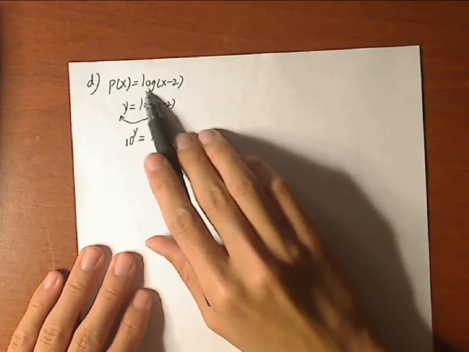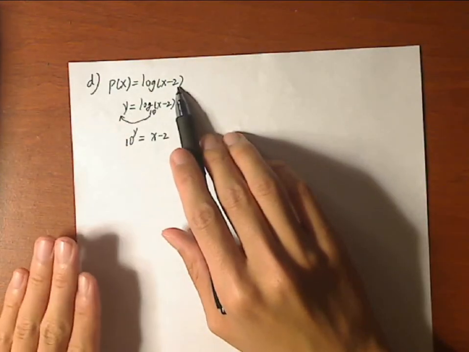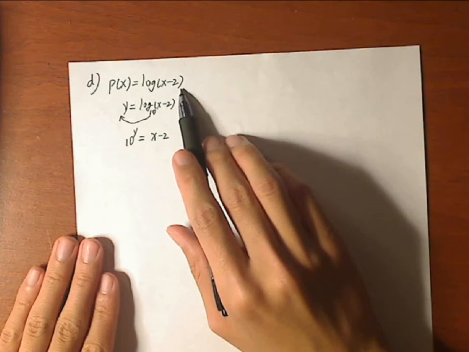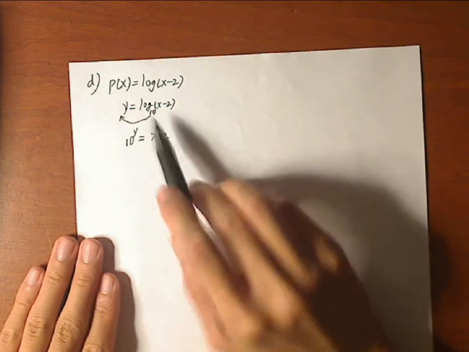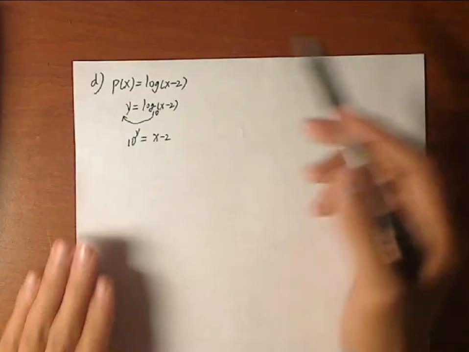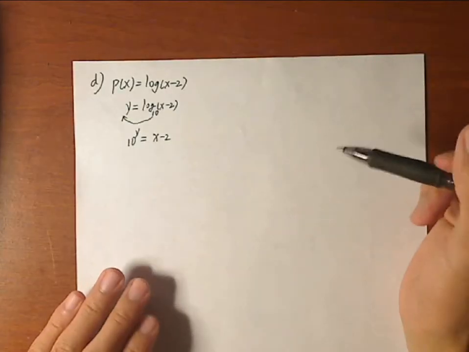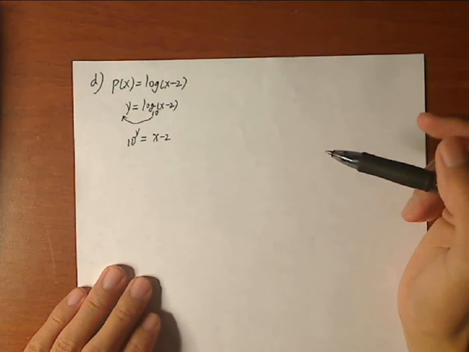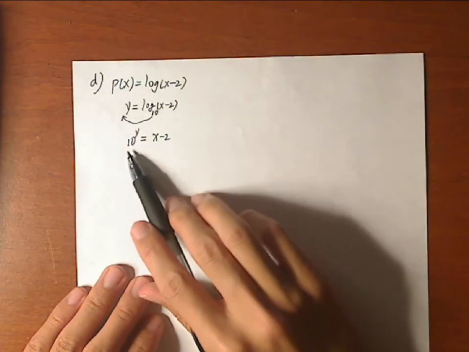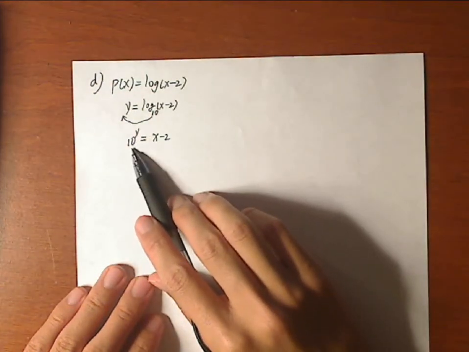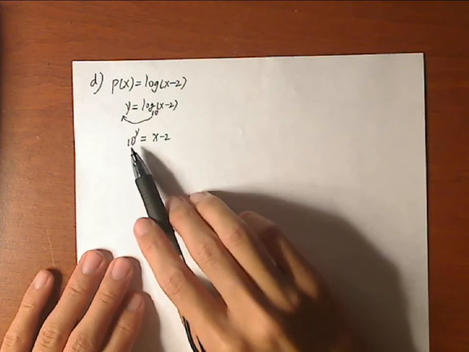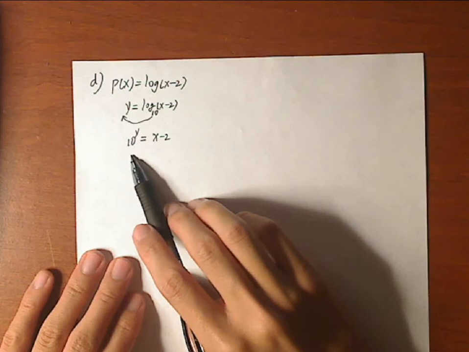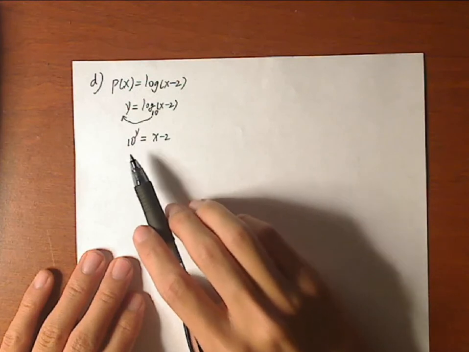The way of writing that is asking, 10 to what power gives x minus 2? That is the purpose of a logarithmic function: you want to know the power of 10. This way is easier to look at because I know the base is a positive 10.